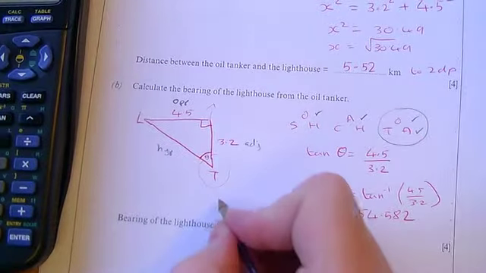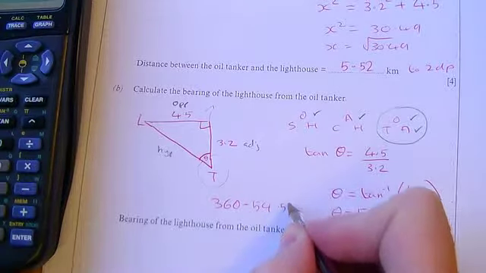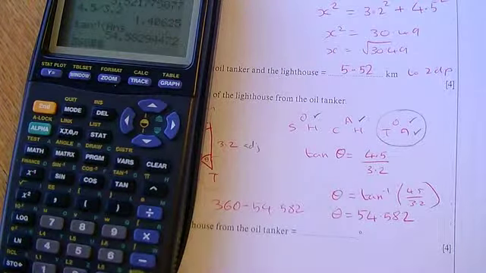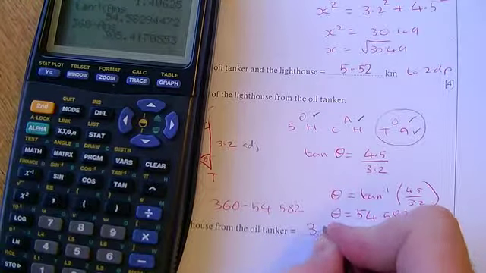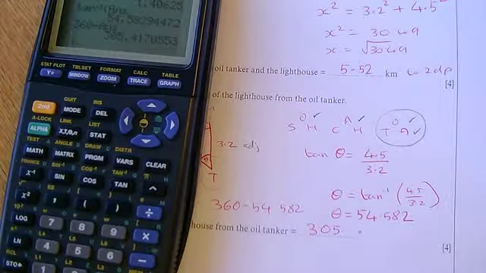We need the bearing, so we go to 360, take away that number there. So you do 360, take away my last answer, 305 degrees. Okay? So the bearing is 305 degrees.